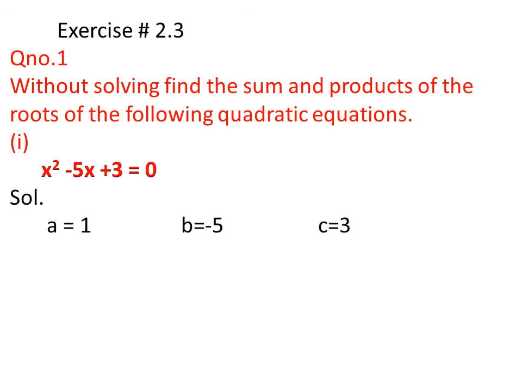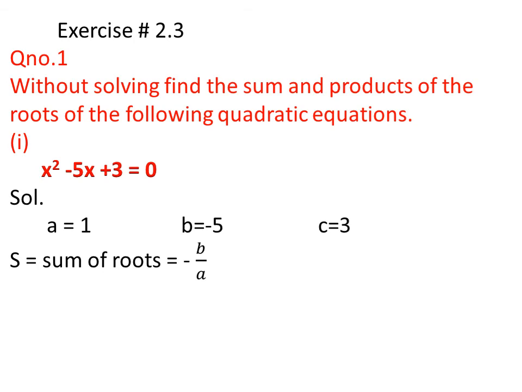In this equation, the value of a is 1, the value of b is minus 5 and the constant here is 3. For finding the sum, firstly we will write s equal to sum of the roots, and we have obtained that sum equal to minus b over a.